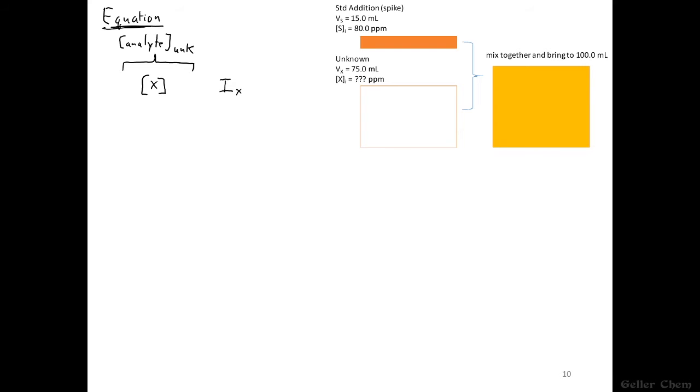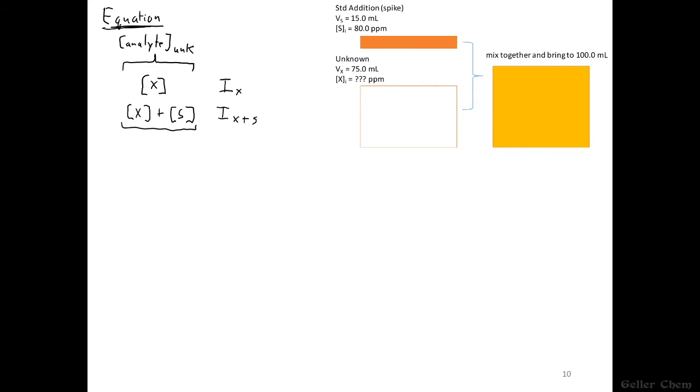Then, we measured the intensity again after some standard was spiked into that unknown sample. And that intensity had grown from 0.372 to 0.600, which makes sense because the total concentration of analyte had been increased, because we now had the unknown concentration plus the known standard concentration that we spiked in.